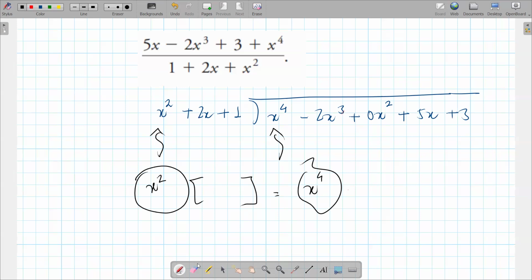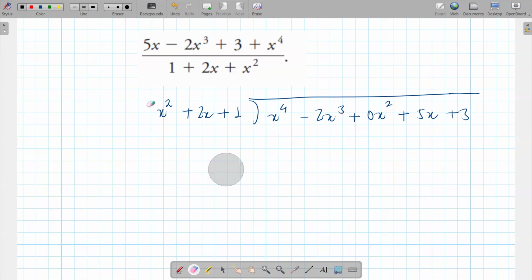So what goes up there is x squared. And it's always going to be the first term. These other terms we don't really care about. They only come into play after we've figured out what the quotient is.